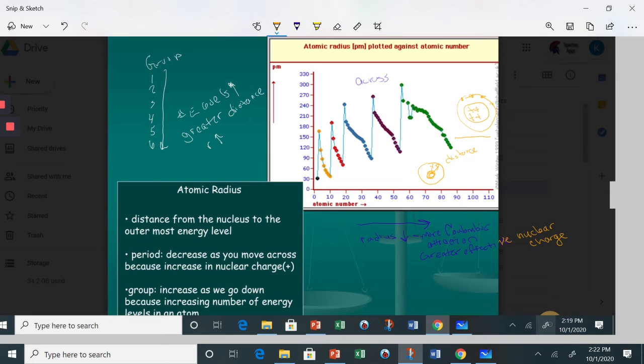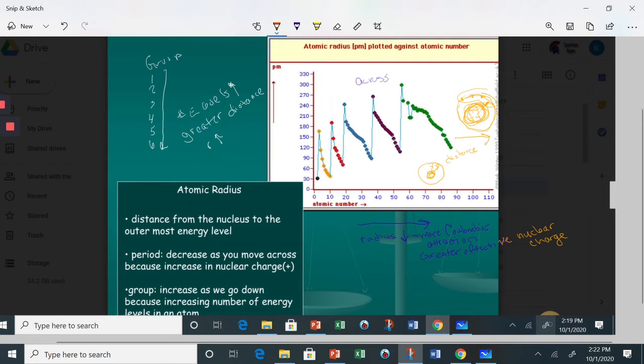As you go across, the number here is going up, the number here is going up, but this R, what happens is you've got more attraction. There's more positive, there's more negatives, and because this outer level can't be any further away, all of a sudden this starts to pull these guys in. And they get closer and closer.